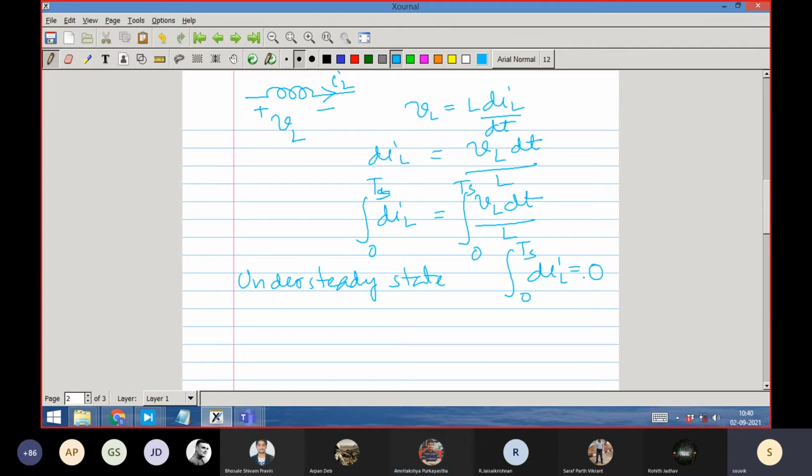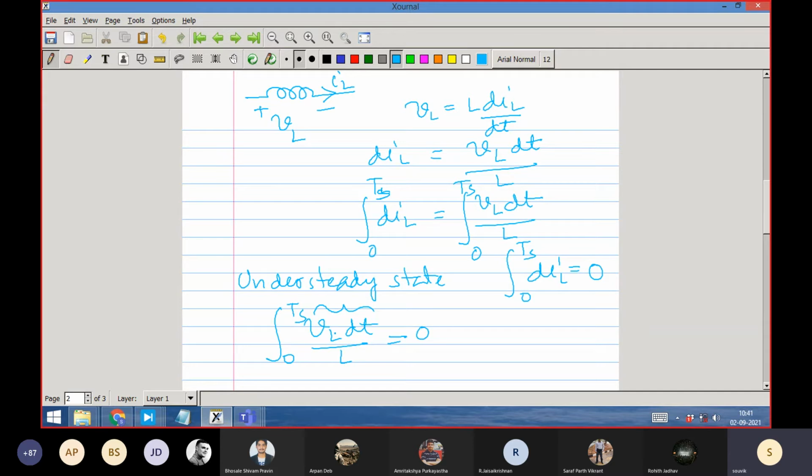So the condition of energy balance in the inductor is now giving us a condition of volt second. Why is the word volt second coming? This implies that the integral of VL dt by L from 0 to Ts also has to be 0, if I integrate over the entire switching period, and this is volt second, voltage into second.